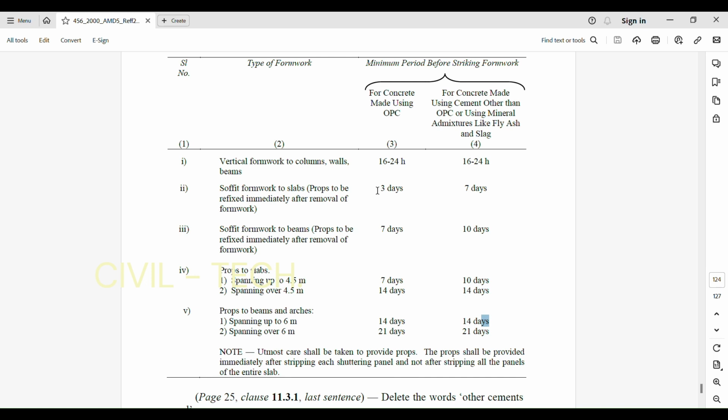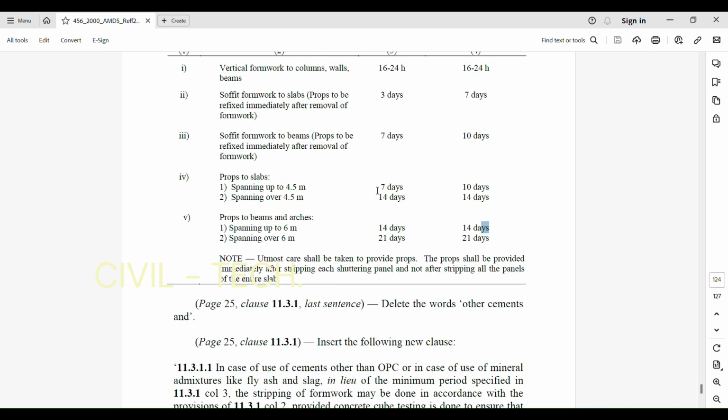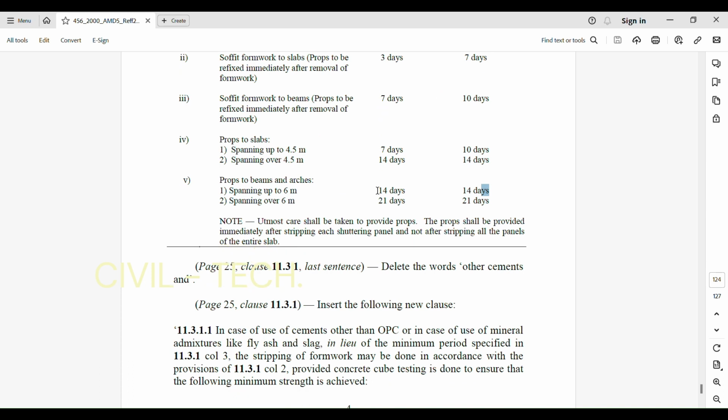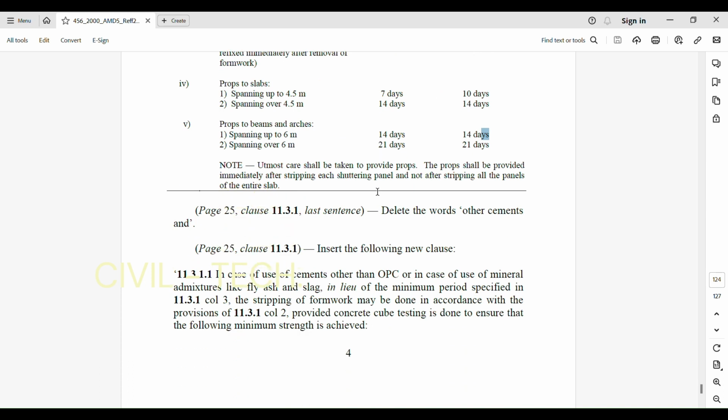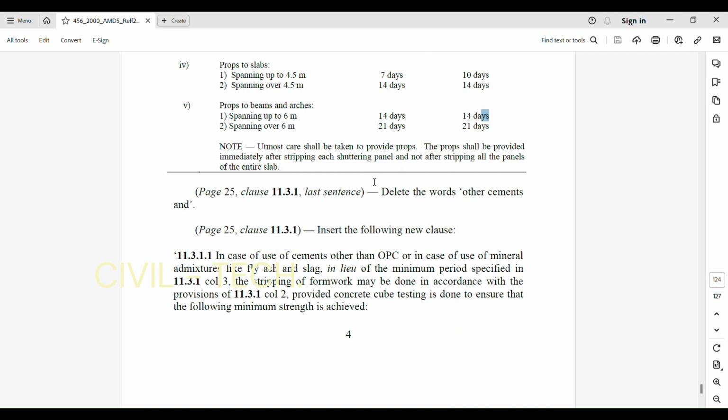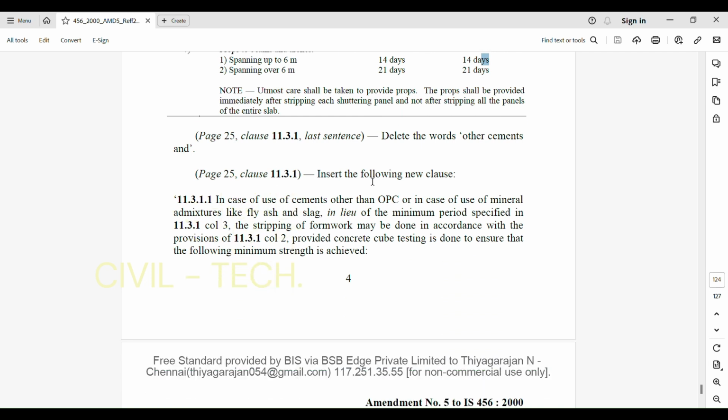It will depend upon the concrete grades and the consultant and the structural engineers. Before the deshuttering, we need to check the concrete cube strength, so that a certain amount of strength is achieved before the deshuttering.